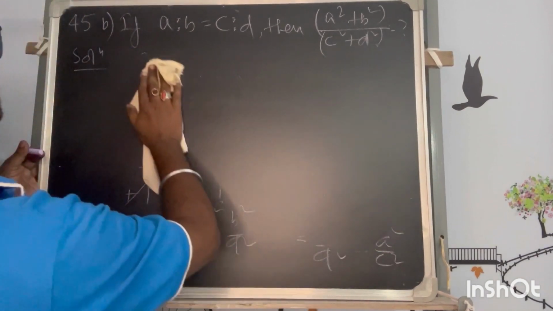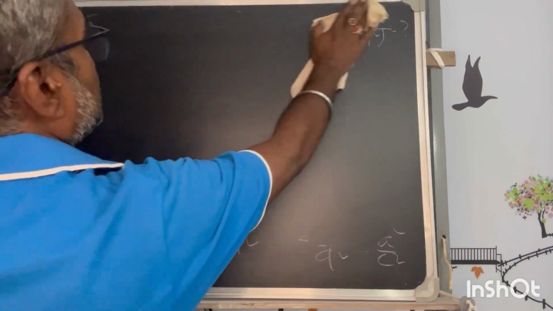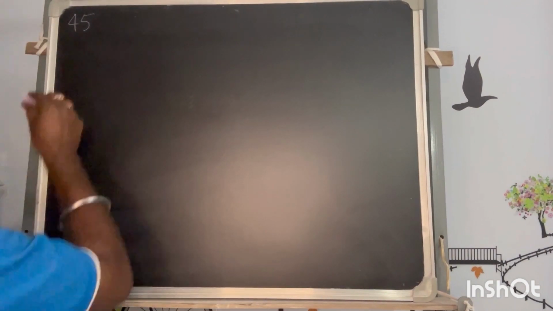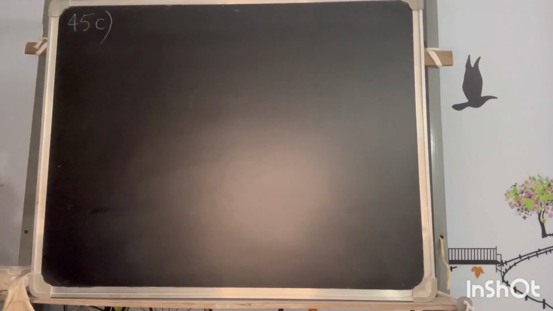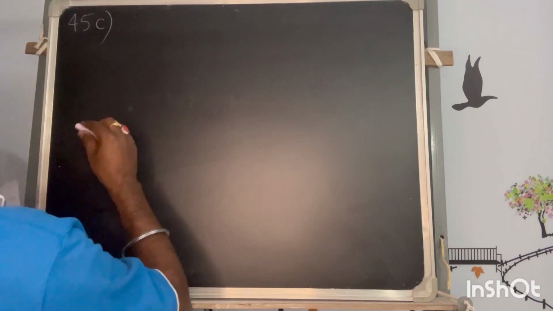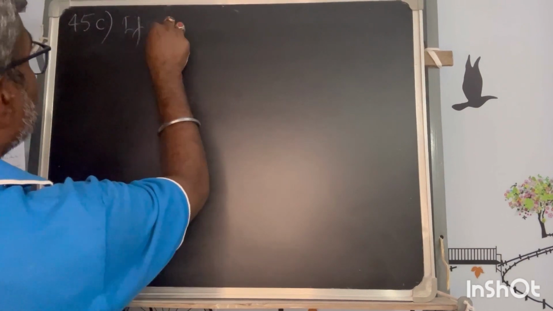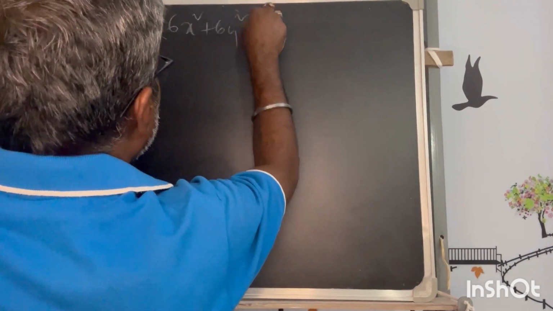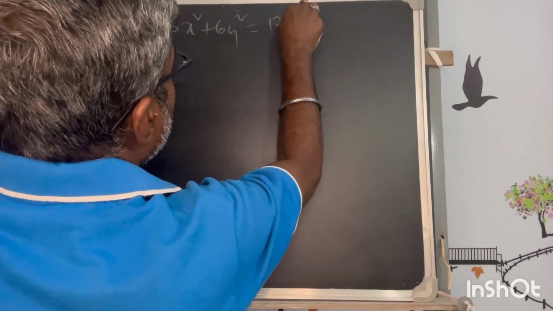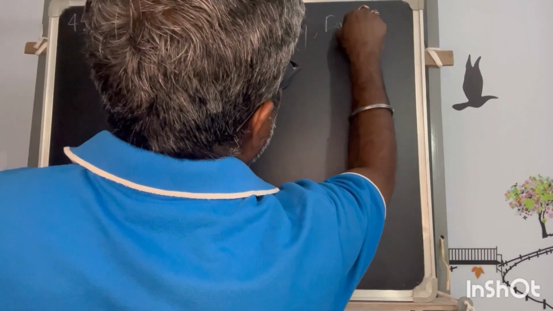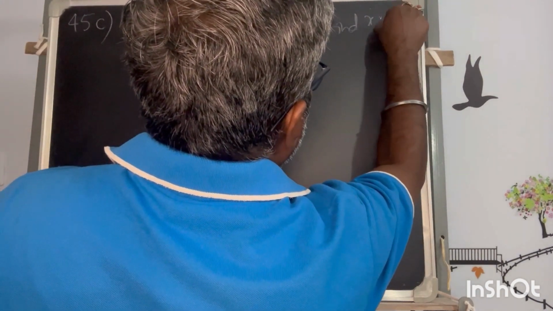Okay, so the next is problem number C. If 6x square plus 6y square is equal to 13xy, find x is to y.